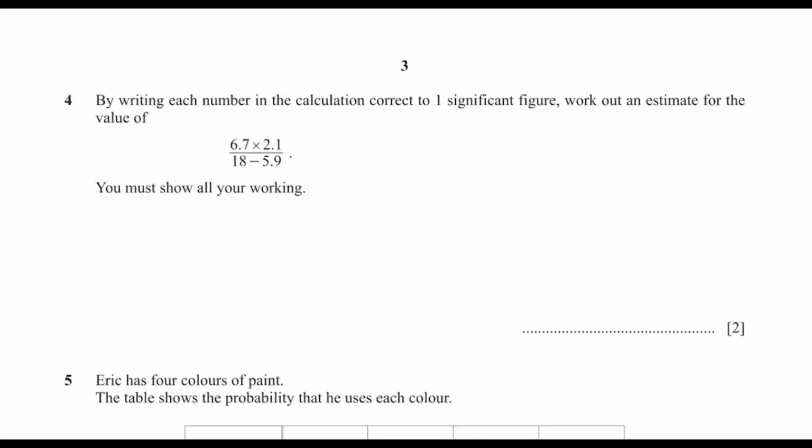Let's go to the next question. That is question 4. By writing each number in the calculation correct to one significant figure, work out an estimate for the value of this. So 6.7 to one significant figure will be 7. Then multiply by 2.1 to one significant figure will be 2.